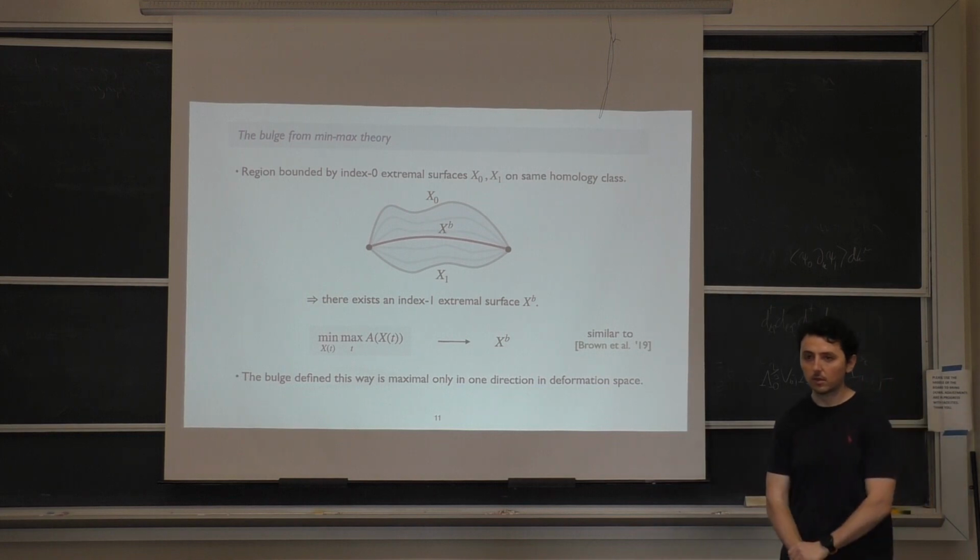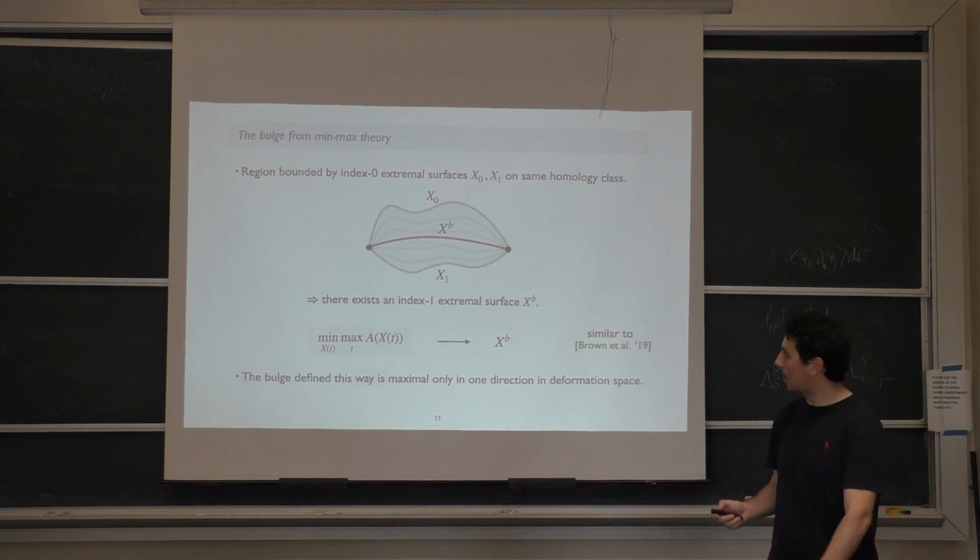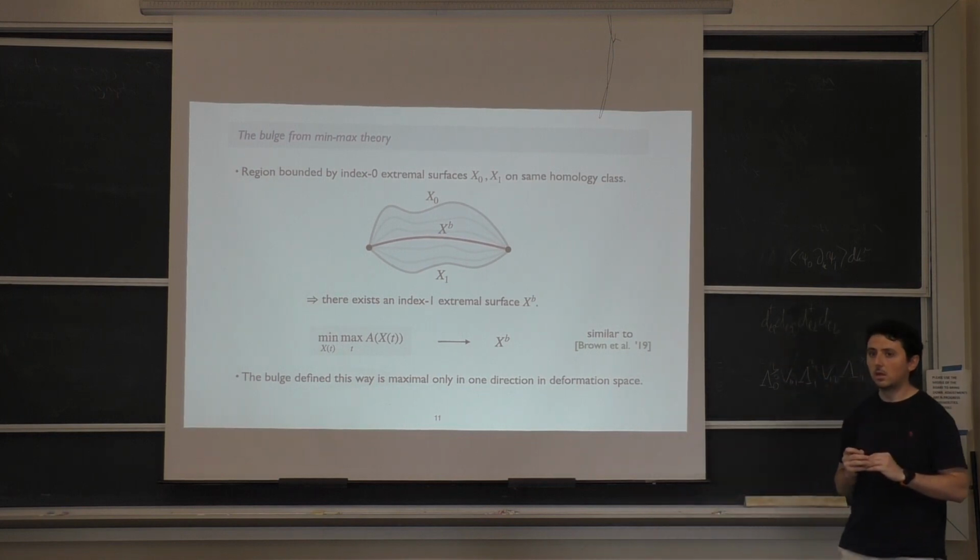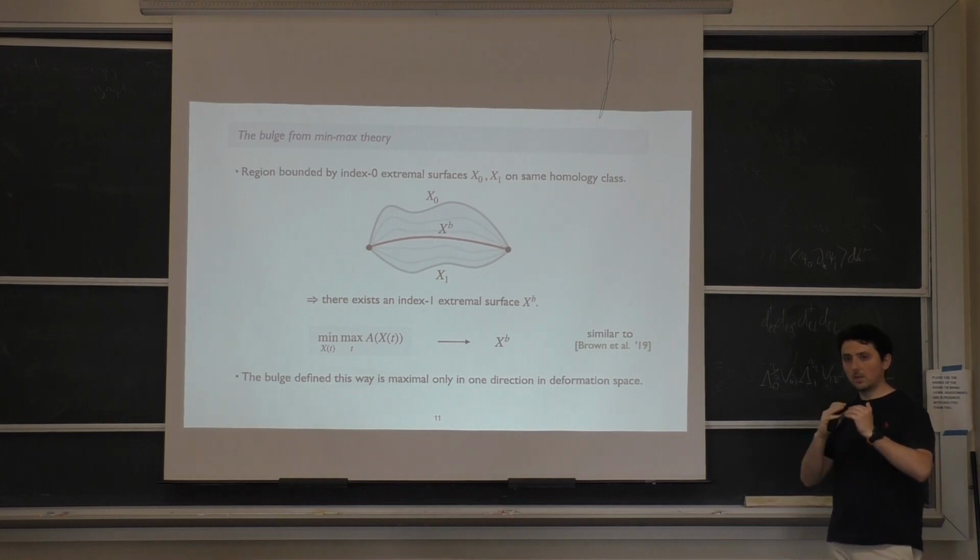Just to clarify, for these surfaces, isn't the index dependent on a specific choice of curve? You mean, yeah, the index could depend on the choice of the Cauchy slice.